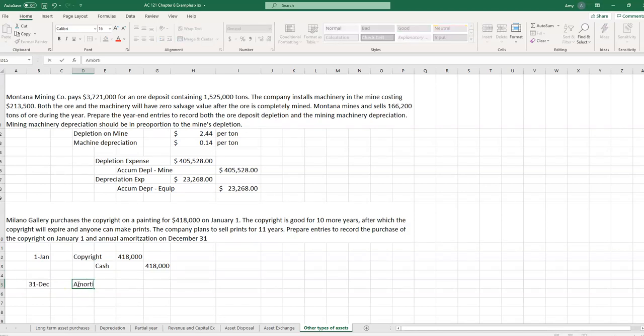So we have amortization expense and accumulated amortization, copyright. Our amortization expense is the cost divided by our useful life. There's no salvage value for a copyright, so 418,000 divided by 10 years useful life.